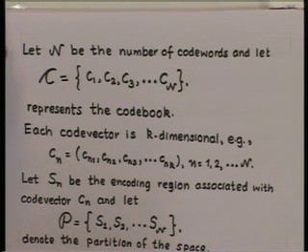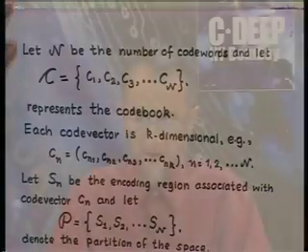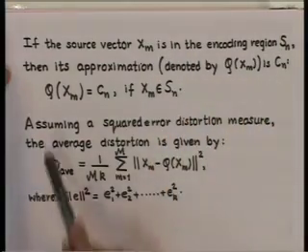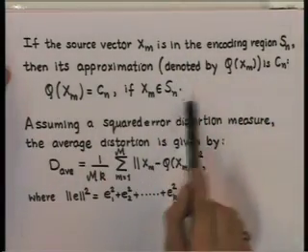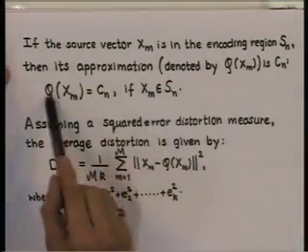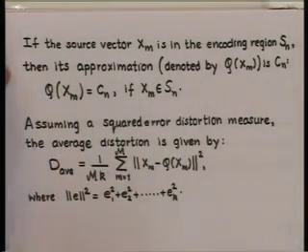It denotes the partition of the space, and in fact, S_n is the Voronoi cell. Now, if the source vector x_m is in the encoding region S_n, then its approximation, denoted by q(x_m), is C_n. Mathematically, it means this.